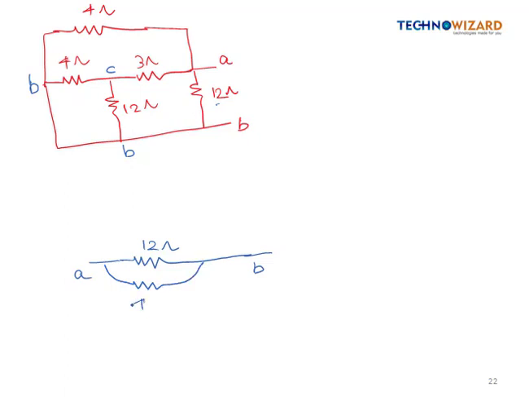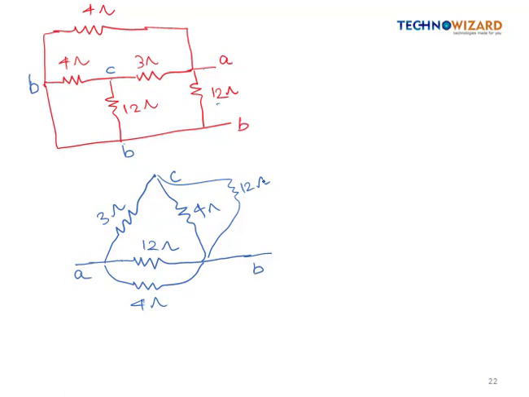Let us assume this is point C. In between A and C, a 3 ohm resistance is connected. In between B and C, a 4 ohm and a 12 ohm resistance are connected.